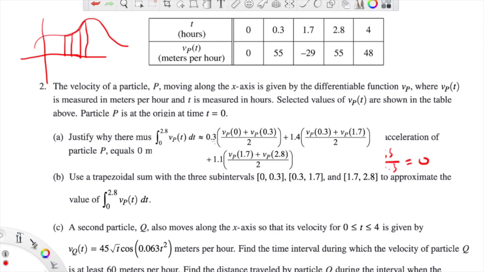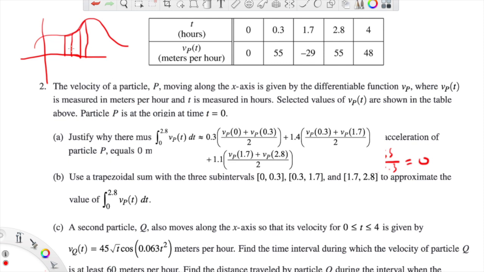So we have each of these, you can consider this the height of each trapezoid, and that's just going to be 0.3, then 1.4 to get from 0.3 to 1.7, and then 1.1 to get from 1.7 to 2.8. And then we have the different bases here.